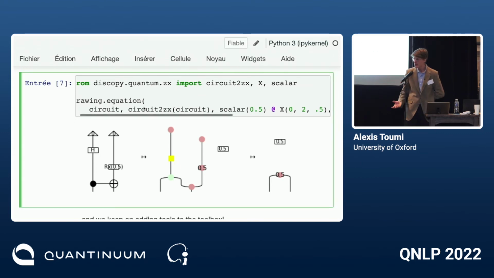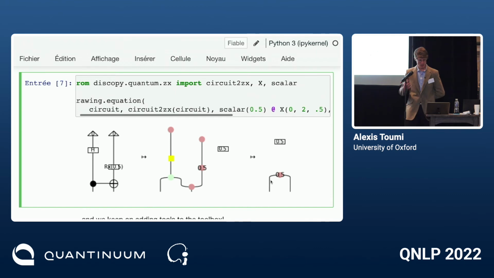You have this circuit to ZX method. And you can also use DisCoPy to call other dedicated libraries for rewriting diagrams in the ZX calculus. So for example, if you took this diagram here, it's got some complicated stuff like a Hadamard gate, but if you simplify it, you get a very simple diagram on the right.